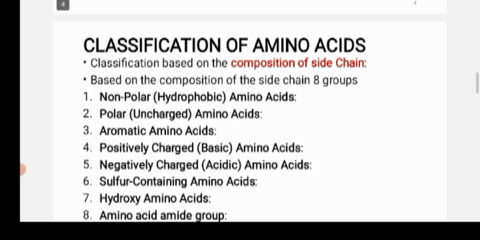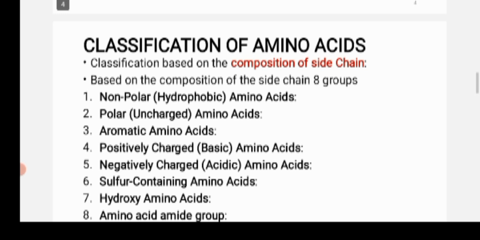Aromatic amino acids have an aromatic group like benzene. Positively charged amino acids are basic. Negatively charged amino acids are acidic. Sulfur containing amino acids have a sulfur group present in the side chain. Then there are the hydroxy amino acids and the amide group amino acids.